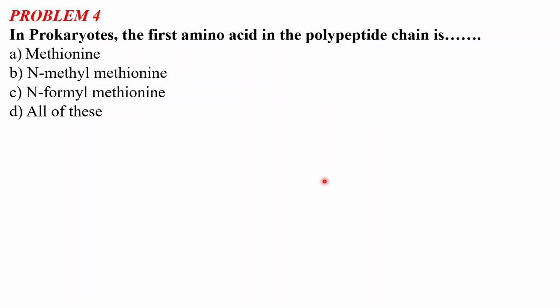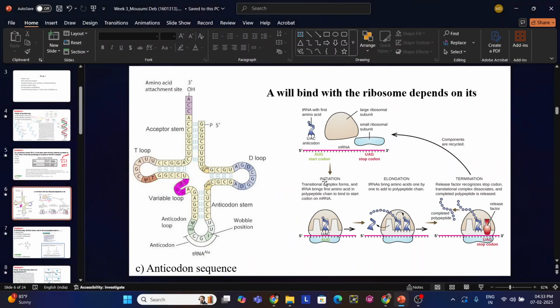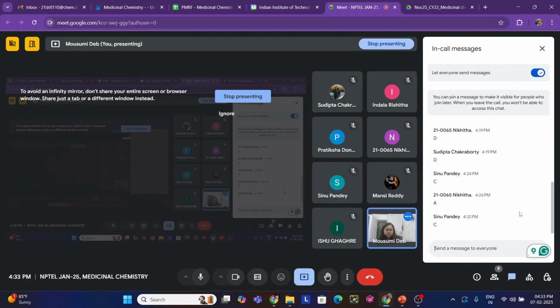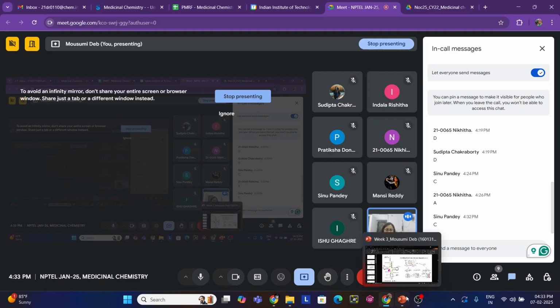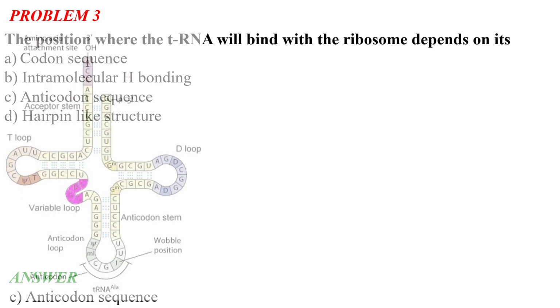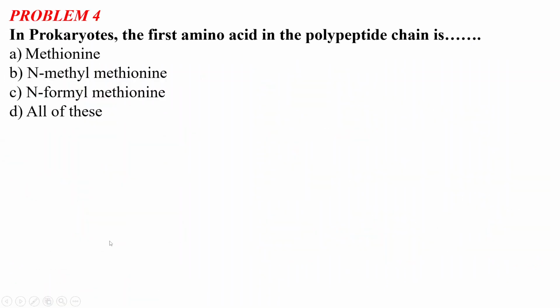Let me check the chat box. Okay, I have received one answer only, which says it's number C. Others are not answering. I will give you 2 more minutes. Try answering the question. In prokaryotes, the first amino acid in the polypeptide chain is which one?